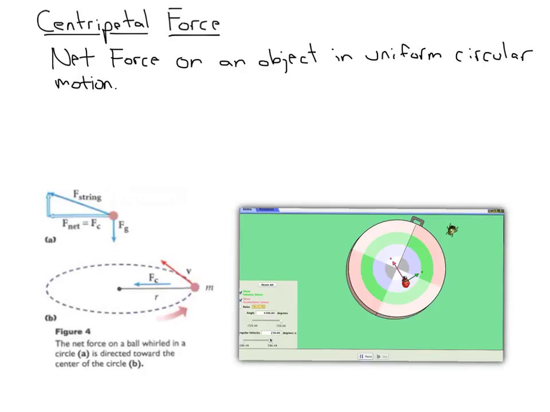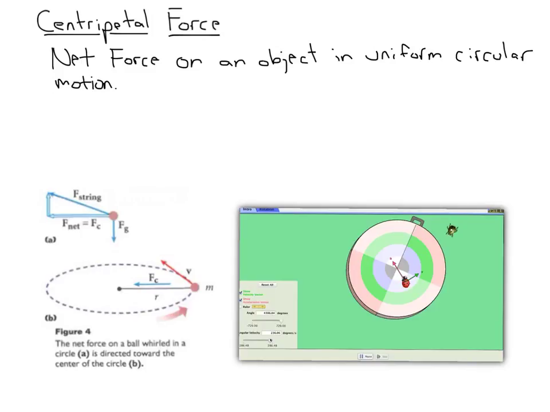So uniform circular motion means that an object is going in a circle at a constant speed. Now notice I didn't say constant direction, because we know as an object goes in a circle, its direction is changing, which is why we say that it has a centripetal acceleration.